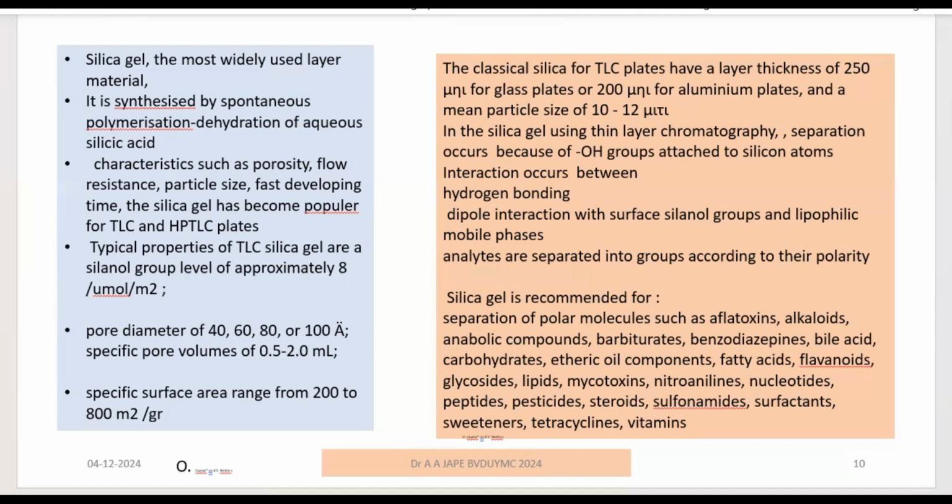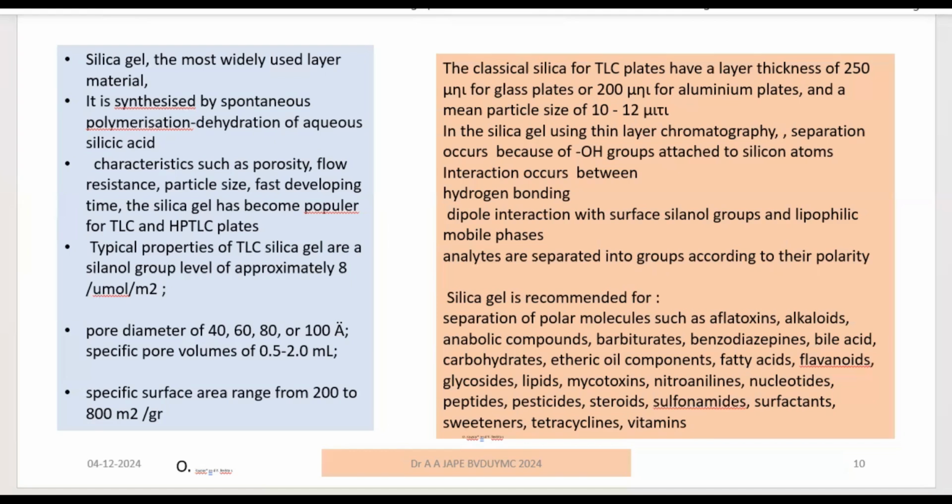In silica gel thin layer chromatography, separation occurs by OH groups which are attached to silicon atoms. So interaction between these groups and the analyte, as well as the hydrogen bonding and the dipole interactions with the surface polar groups and the lipophilicity of the mobile phase.